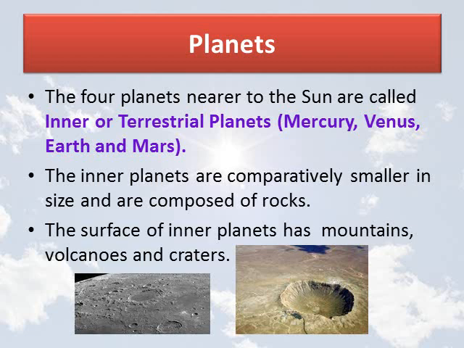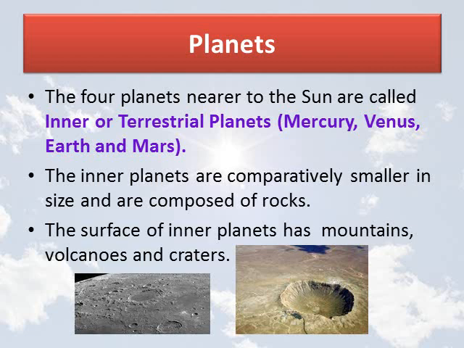The inner planets are comparatively smaller in size and are composed of rocks. So the inner planets are smaller compared to the other planets and they are mainly made up of rocks, hence the name. The surface of inner planets has mountains, volcanoes and craters.